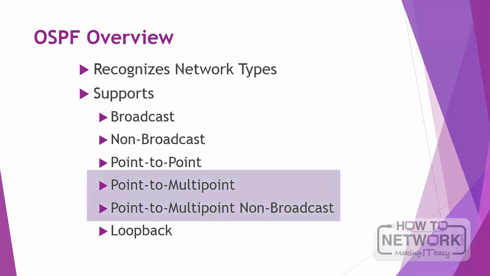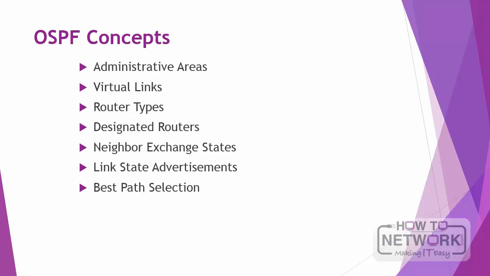The only network types that you need to manually assign would be point-to-multipoint or point-to-multipoint non-broadcast. These obviously are most appropriate for the partial mesh, which is hub-and-spoke environments, and these must be configured manually. So now that you have a high-level understanding of OSPF, let's go ahead and dig into OSPF concepts, all of which you will need to know for your CCDA exam.